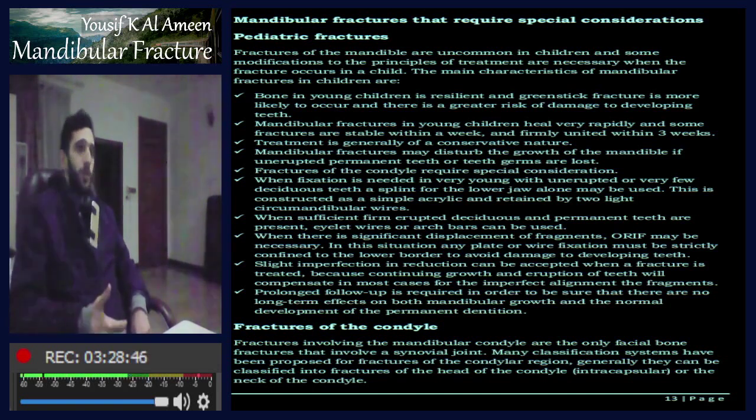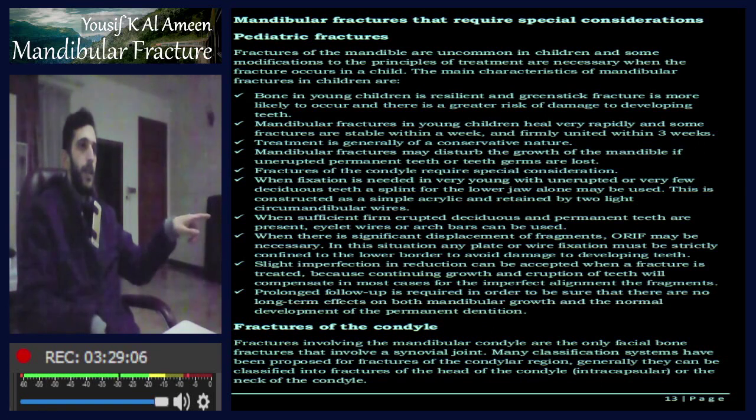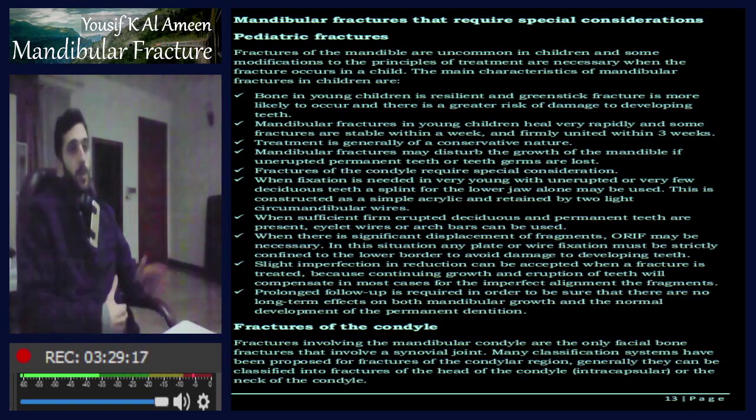This is constructed as a simple acrylic splint and retained by two light circummandibular wires. When sufficient firm, erupted deciduous and permanent teeth are present, cyclic wires or arch wires can be used.